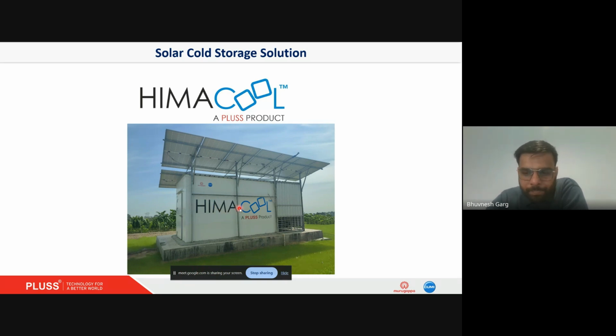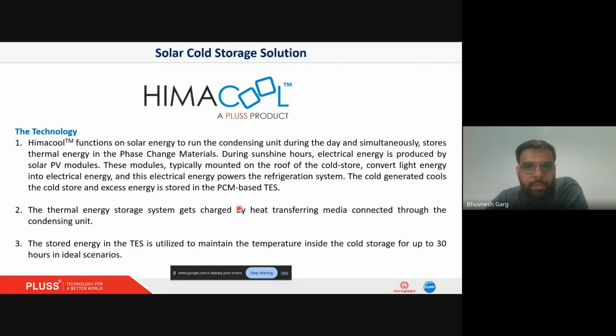You will see it in the further slides as well. The technology is totally based upon phase change material thermal energy storage, and the same concept as given here: the solar PV powers your refrigeration system, which is running your compressor. The compressor is storing the cold in your PCM, and simultaneously it is also maintaining the temperature of the cold room.